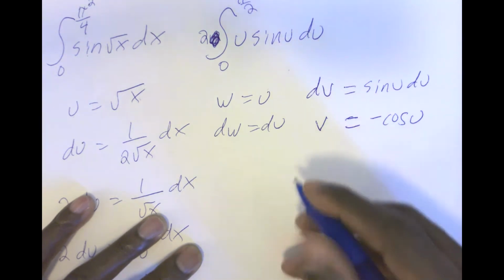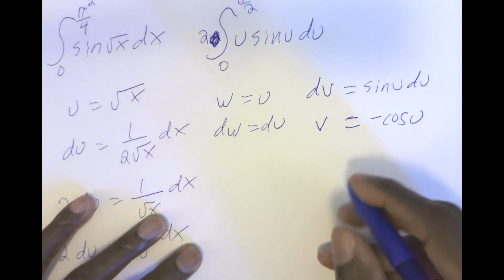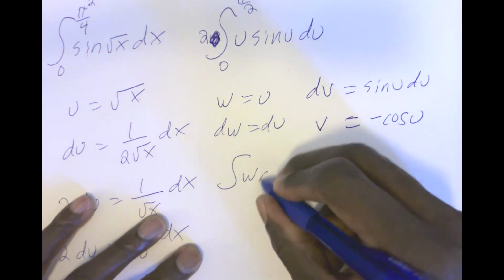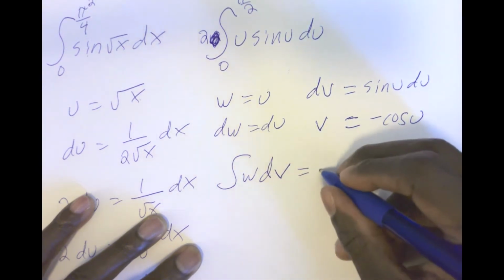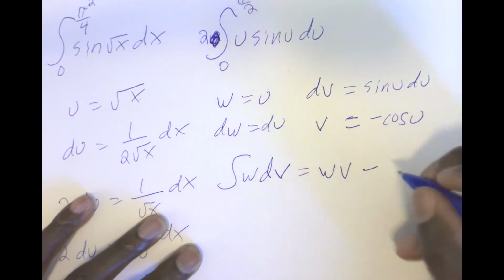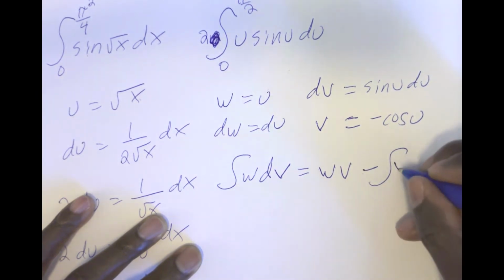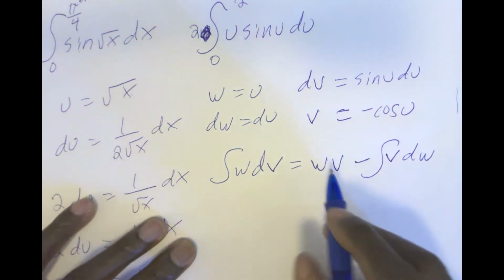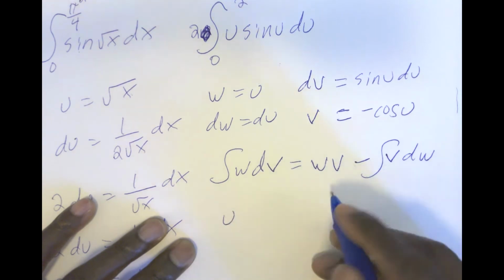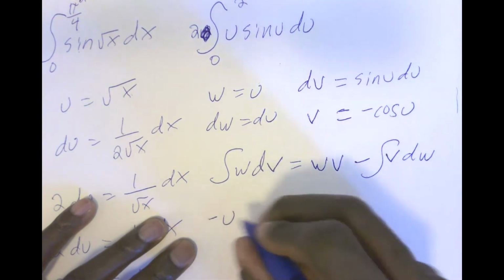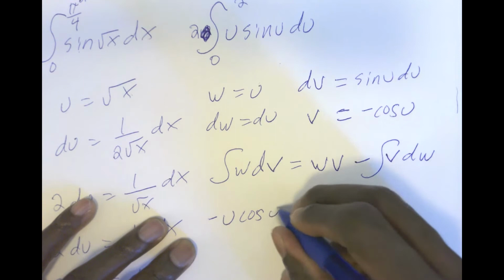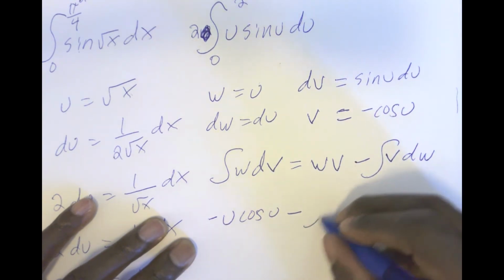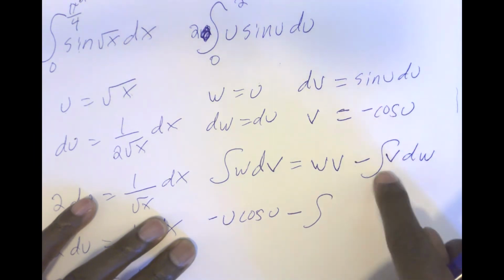If I'm integrating w dv, that's going to be w times v minus the integral of v dw. So w is u, and v is negative cosine u, so this is minus u cosine u, minus the integral of v dw.